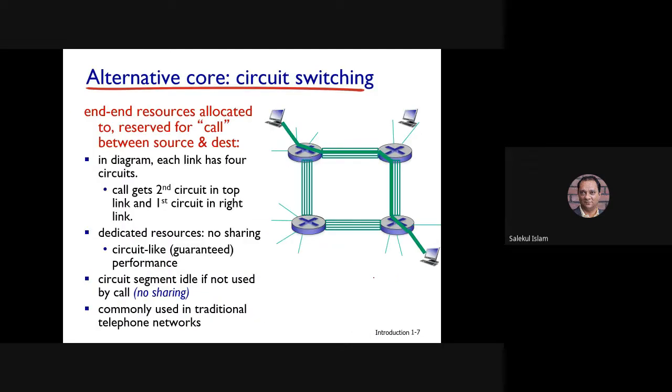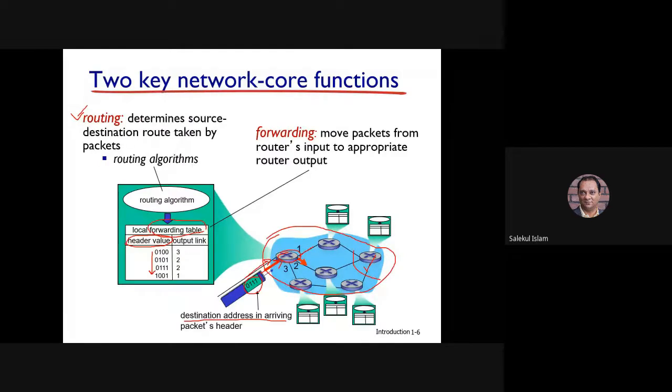Now, this technique is known as packet switching. Packet switching means that for every packet you will, theoretically, run your routing algorithms and decide the next hop, that means the output link. So the decision will be taken during runtime.